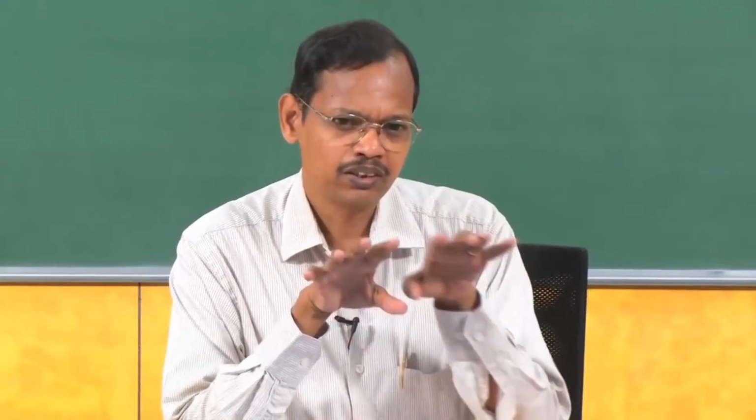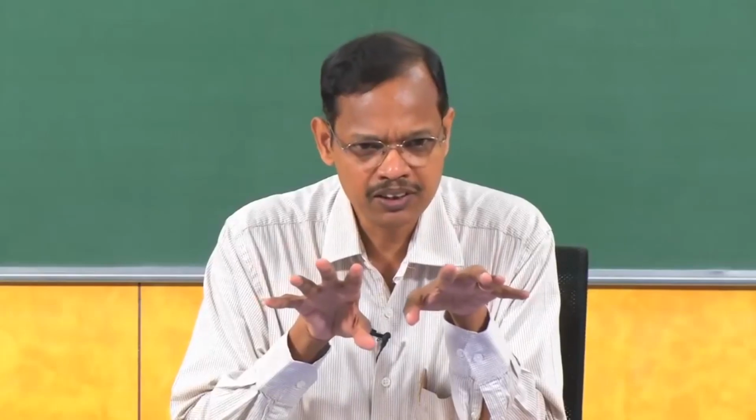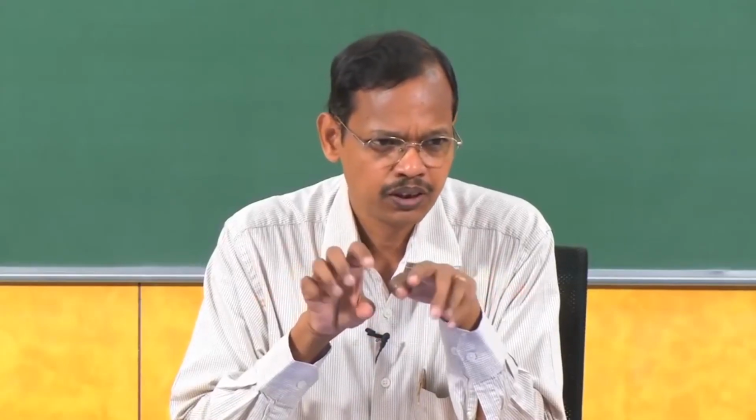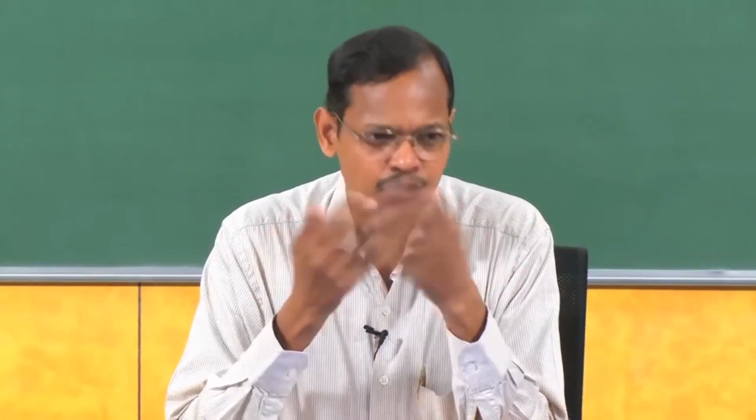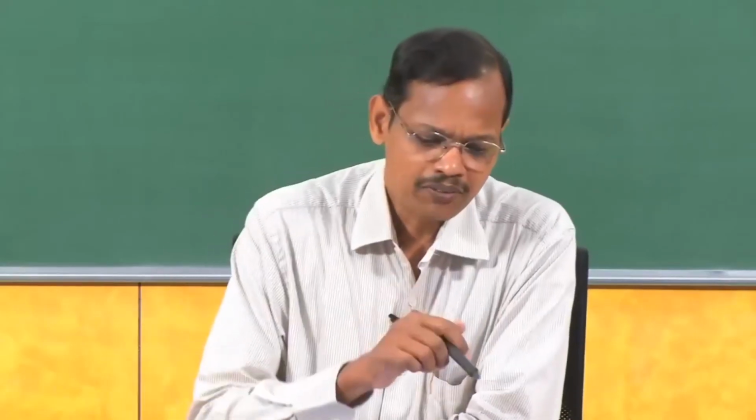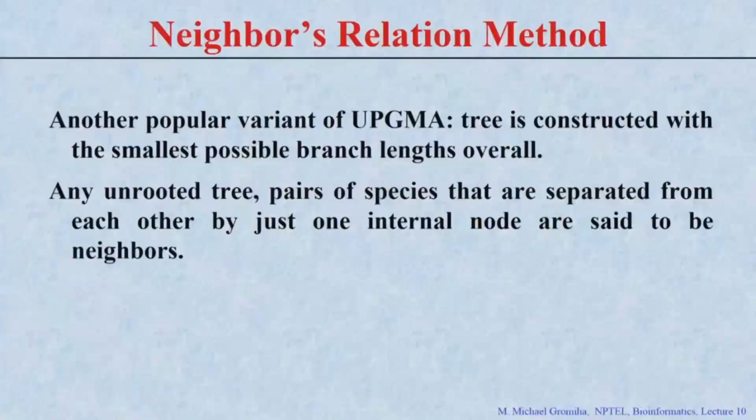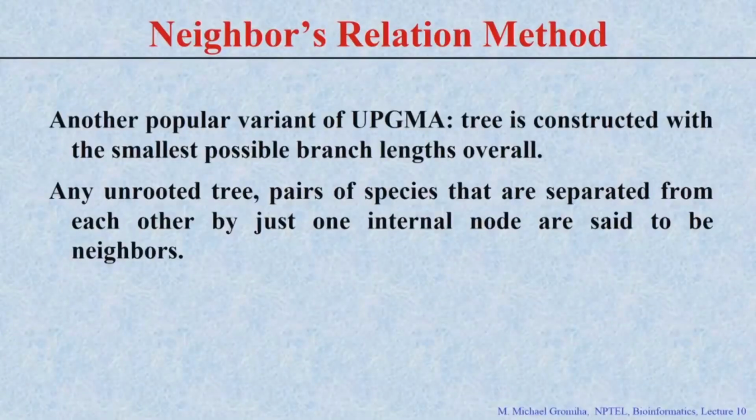So, what is the principle used in this UPGMA method? Distance between the two sequences, how far they are different, based on that we can construct a tree. So, this is another method, this is called neighbor joining method. Here also it is similar to UPGMA method, but this is an unrooted tree, right, and you can see in the UPGMA method sometimes the number is not equal.